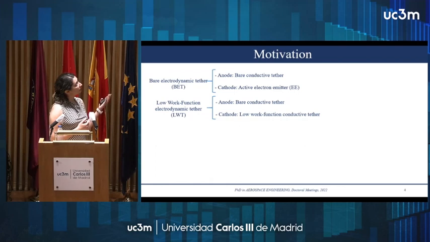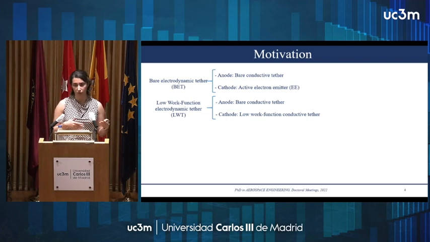In the case of bare electrodynamic tethers, the cathode is an active electron emitter, and in the case of low work function tethers, the cathode is the tether itself, which is partially coated with low work function materials, and it is able to emit electrons to the ambient plasma by thermionic and photoemission effect.